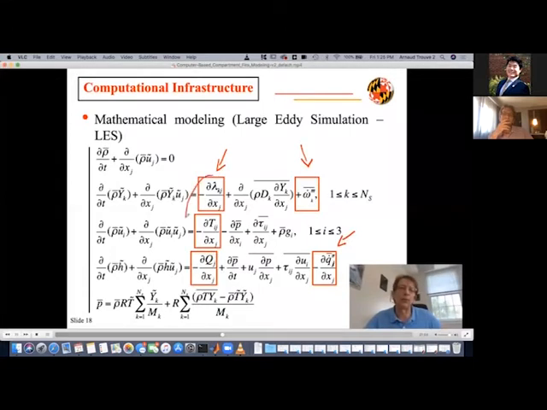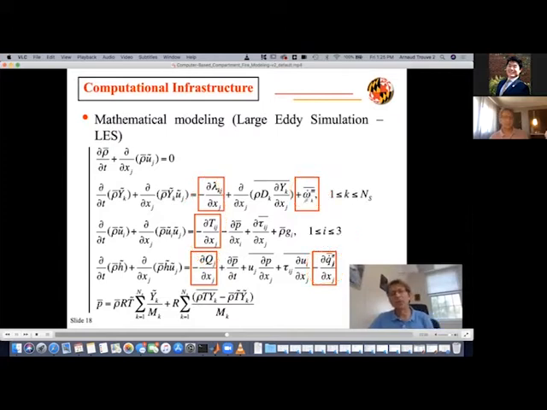These terms correspond to convective transport by small scales of mass, momentum, and energy. This term corresponds to the combustion process that occurs at small scales. And these terms correspond to radiation transport, emission and absorption, which also is controlled by small scales, not resolved by the grid. So all these terms will require modeling, and the LES simulation will be limited to an explicit description of the large scales.